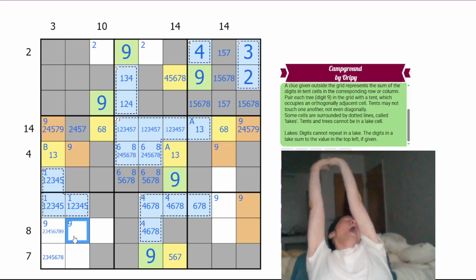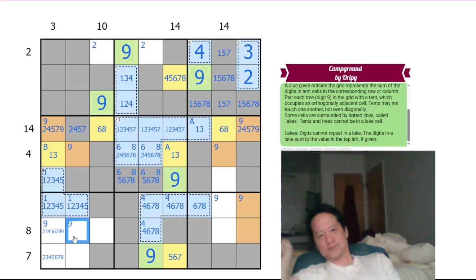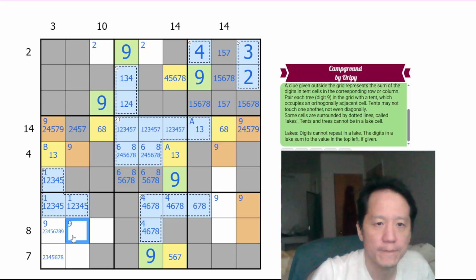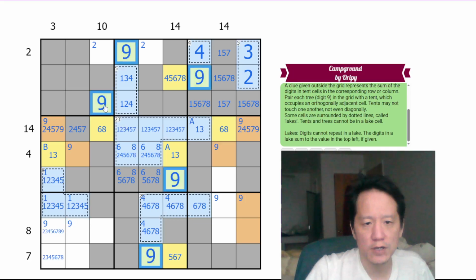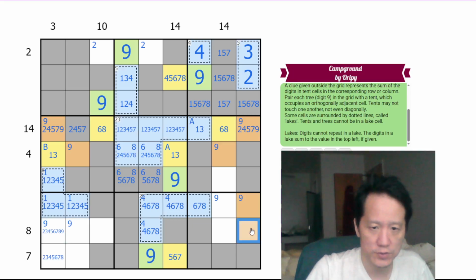Huh. What are the implications, though? Okay, so you have nines here. Nine's one of these two. Nine's one of these two. So this cannot be a tent or a tree.